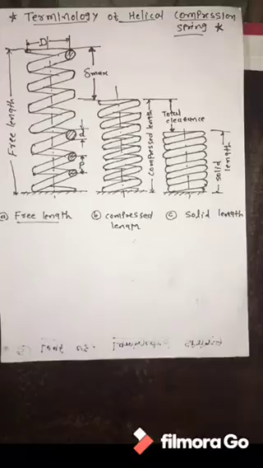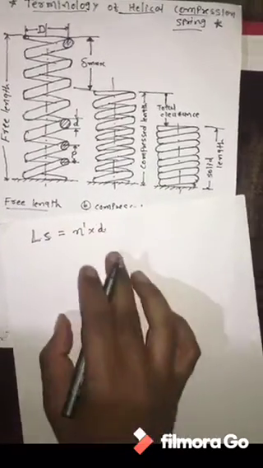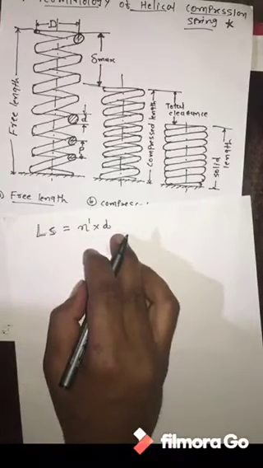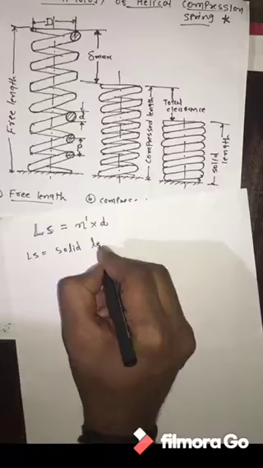So the equation of the solid length is LS equal to N dash into d. Now what is N dash and what is small d? LS means the solid length of the spring.